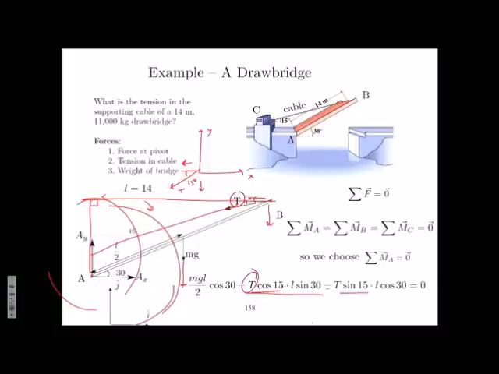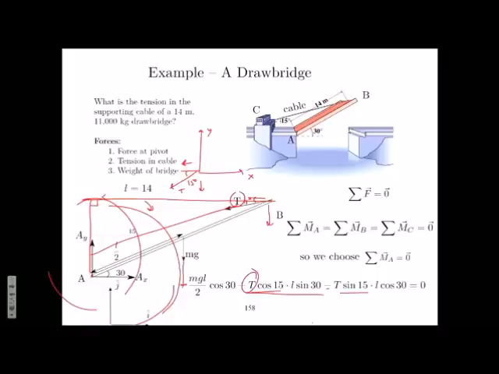So one way we can solve for reaction at A is we can simply write sigma F equal to 0, right? So if I write sigma F equal to 0, what will I have? I will have the x forces: AX, and the force from t, which is t cosine 15, but it's negative. So that's AX minus t cosine 15, and that should be equal to 0. Since t is known, we know the AX now.